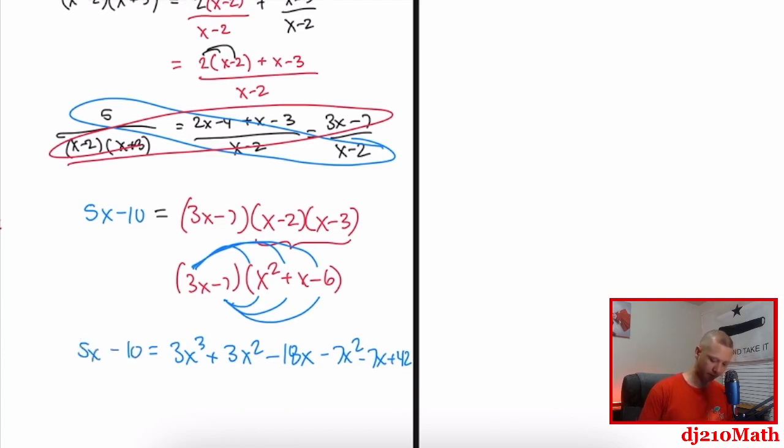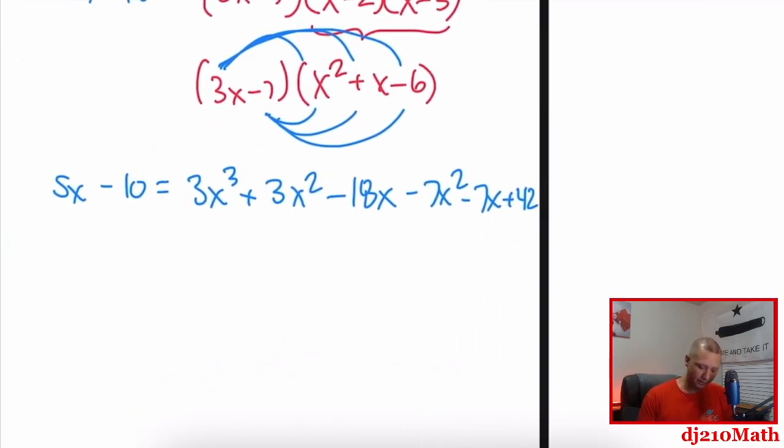5x minus 10 on the left. All right, combining like terms, let's get it. So this is going to be 3x cubed. Where my x squared is at? There's 2. So 3 minus 7, minus 4. Just the x's.